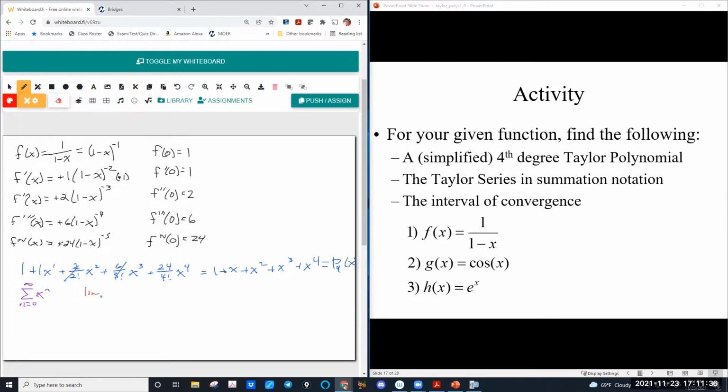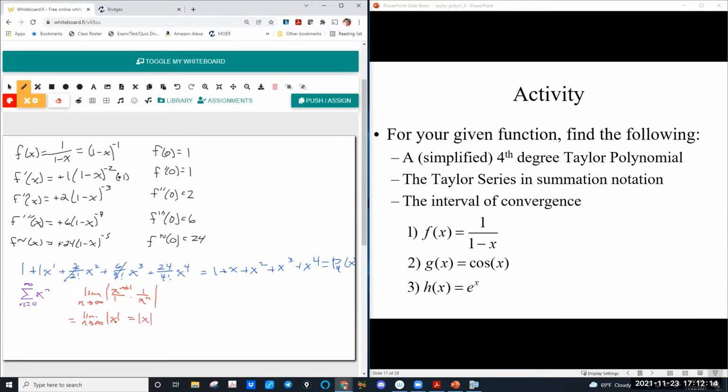So we have the limit as n goes to infinity, a very easy one to set up. x to the n plus 1 over 1 times the reciprocal, n plus 1, I said it but didn't write it, times 1 over x to the n, the absolute value. Now we know from our canceling, this becomes the limit as n goes to infinity of basically just the absolute value of x, which is actually equal to the absolute value of x.